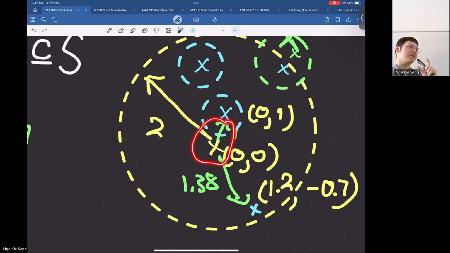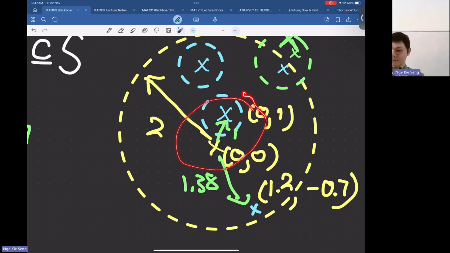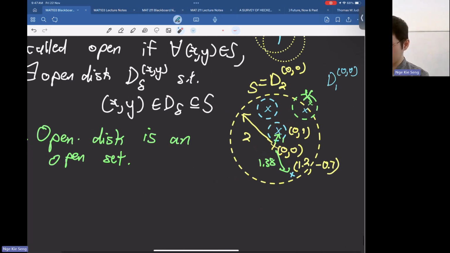放大咯，放多大？你觉得够吗？为什么够？因为它的 distance 是小于1.5。So yeah, sure, you can pick like this.